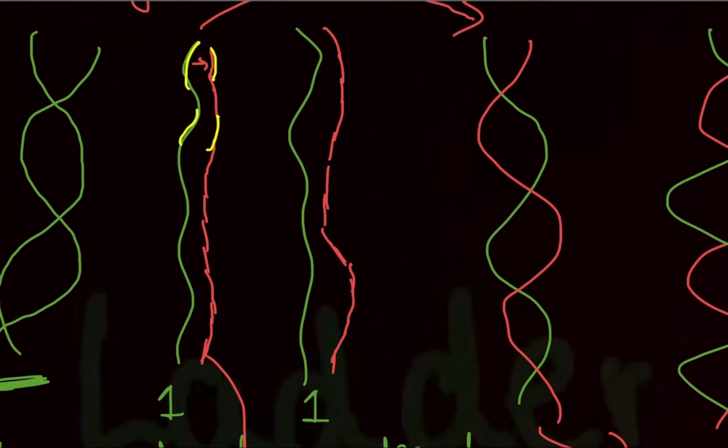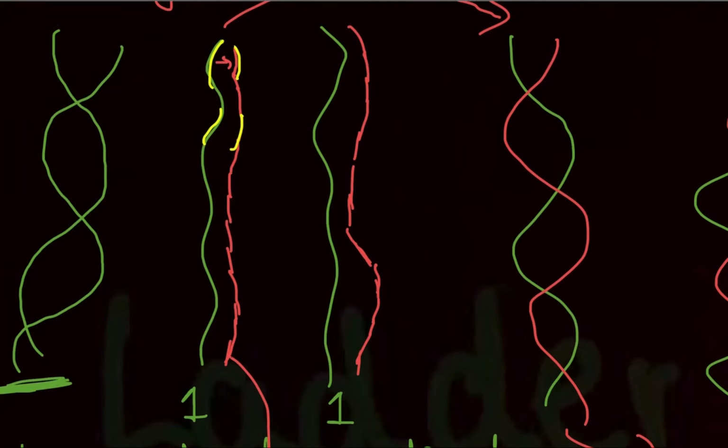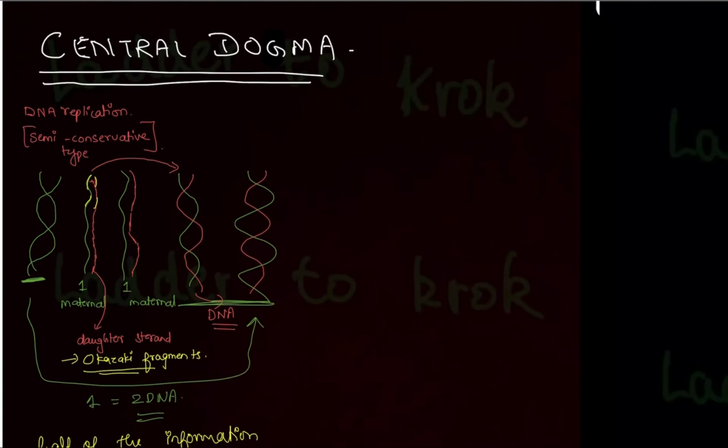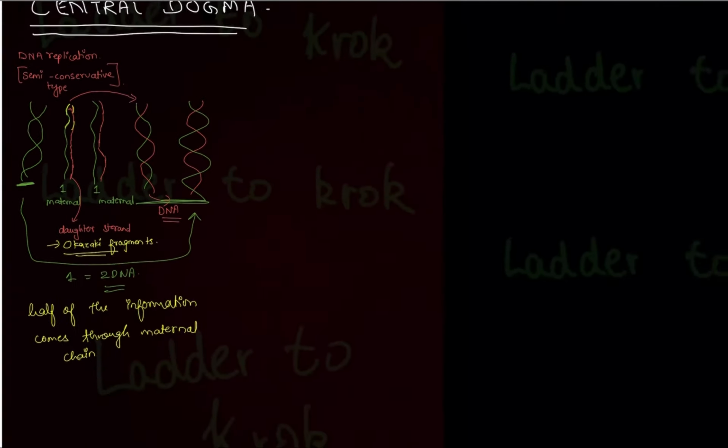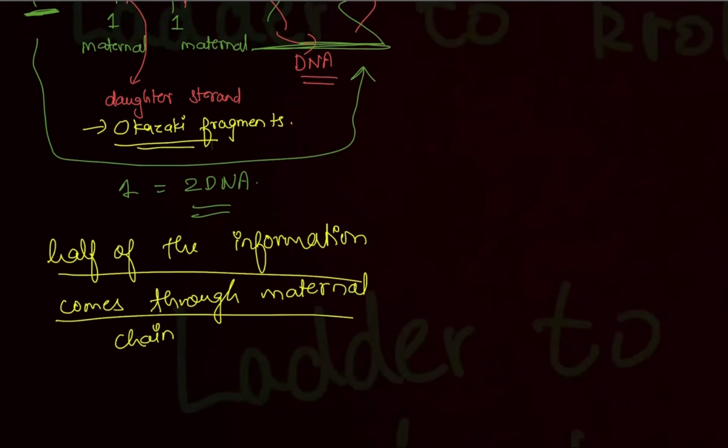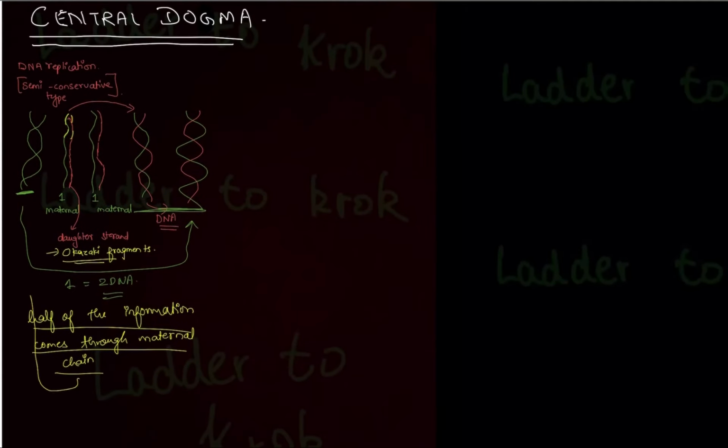So the information is conserved, but half conserved, right? These 2 strands got divided into different strands, so half of the information is conserved and a new strand, daughter strand, is formed, and similarly a new DNA is formed. So half of the information comes through maternal chain, and that is the reason we call it semi-conservative type. I hope this is clear. Meaning of semi-conservative is that half of the information is through maternal chain.